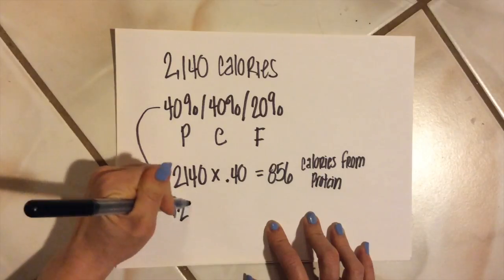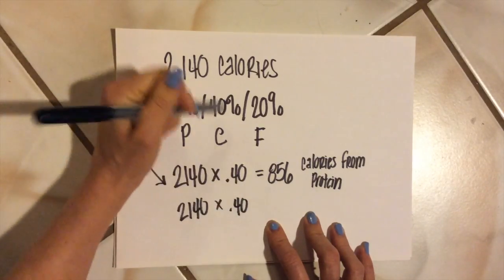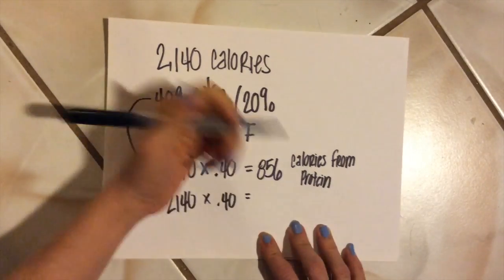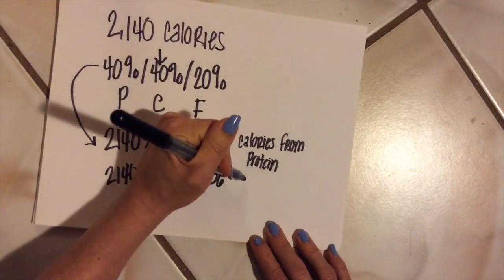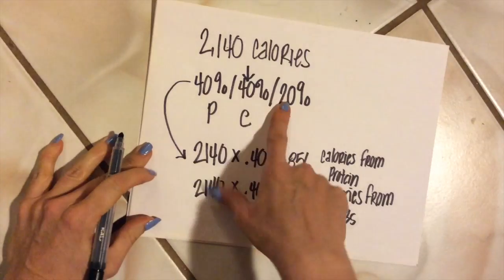Steps numbers 2 and 3 are the exact same thing. You're going to take the calories times the decimal of the percentage that you're looking for. So in this case, again, we have carbohydrates. It's going to be the same number as protein because we're trying to find 40%. Here we go.